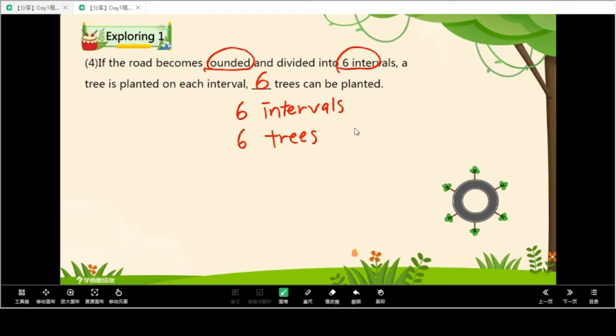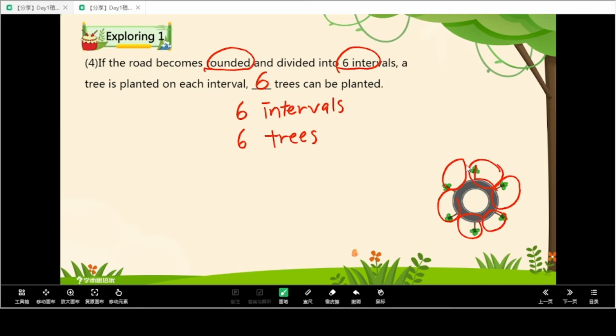So let's check our answer by our packaging method again. We pack a tree and an interval together as one package, and 2 packages and 3 and 4 and 5 and 6. So how many packages did we find? 6 packages.